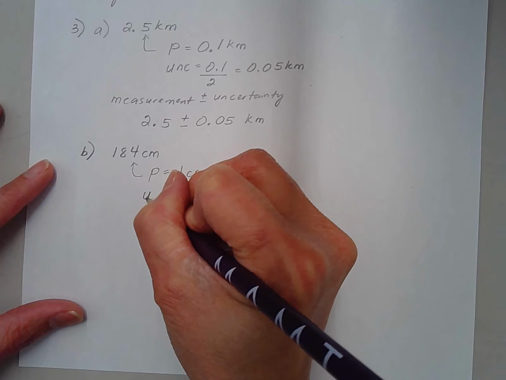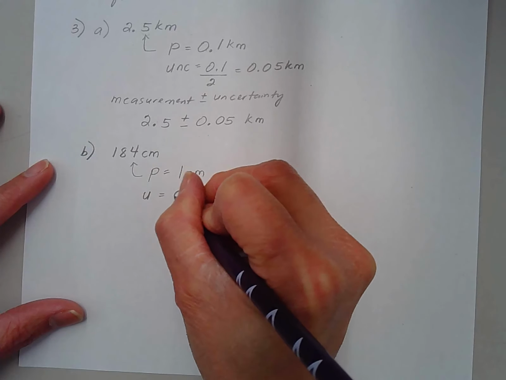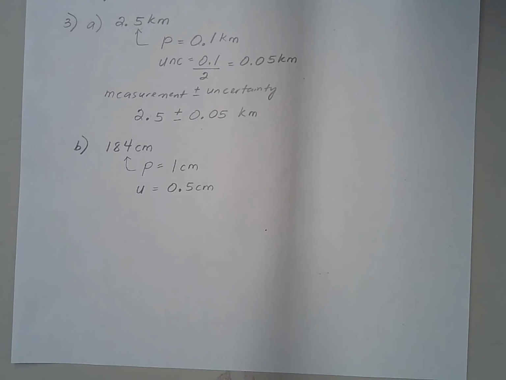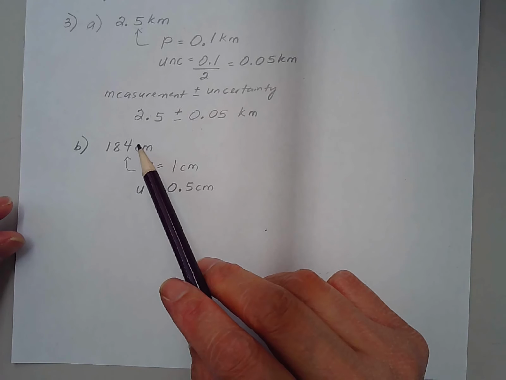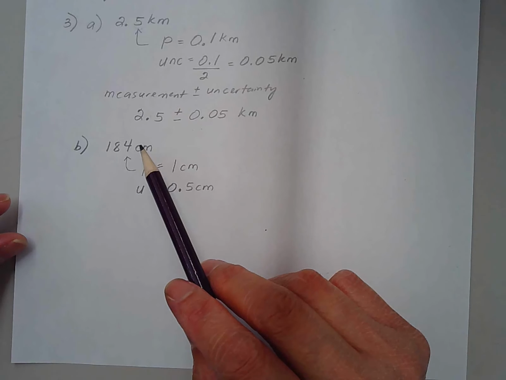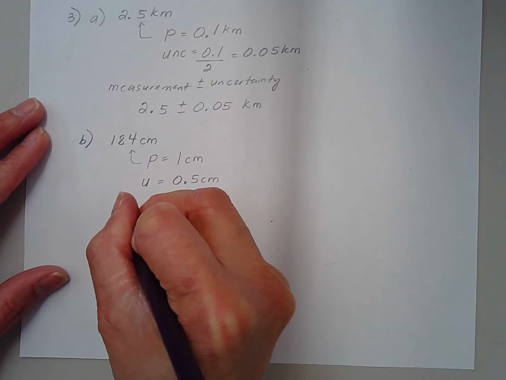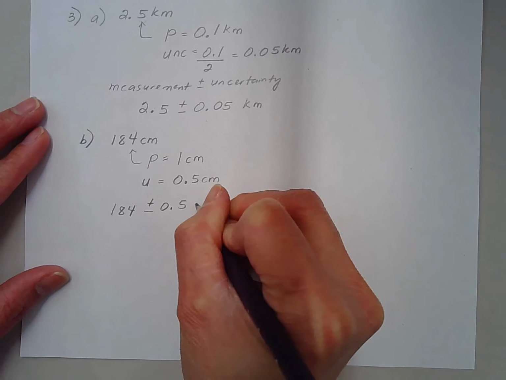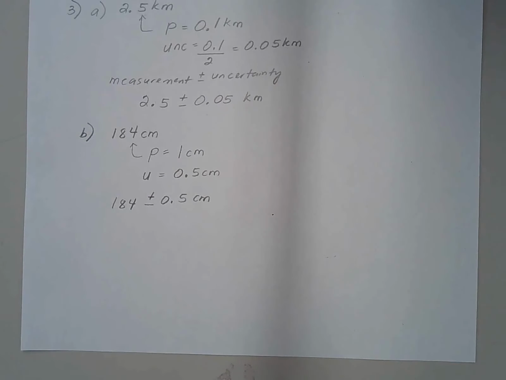So uncertainty, I'll just put U for uncertainty, is half of that, which is 0.5 centimeters. Now, if we were to put that in measurement plus or minus uncertainty, it's gonna be 184 plus or minus 0.5 centimeters. Okay, is that good?